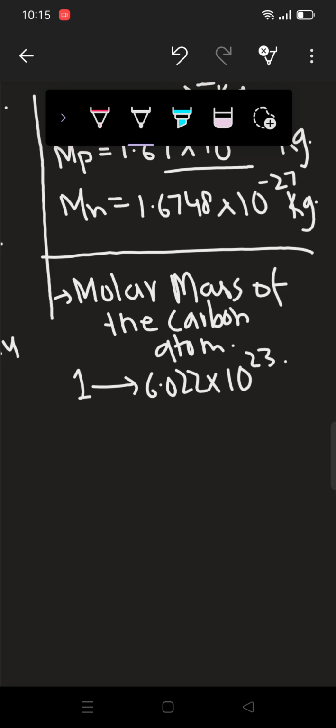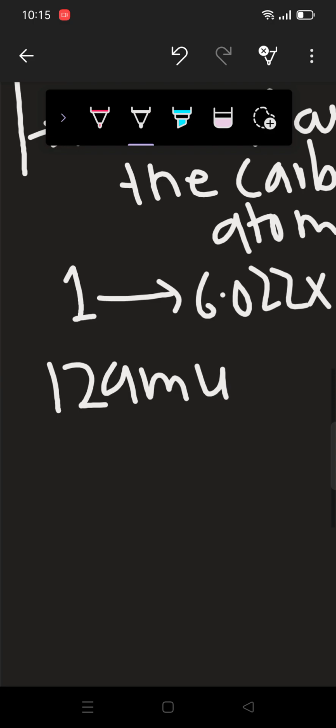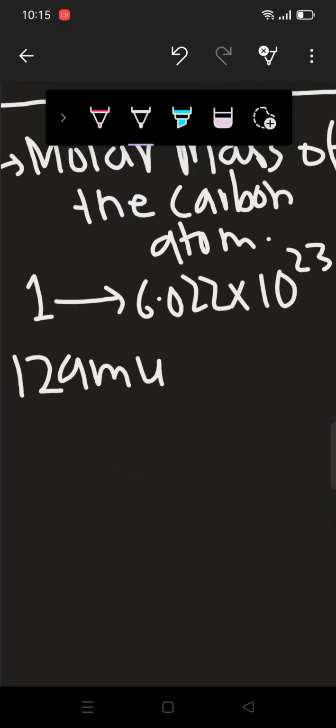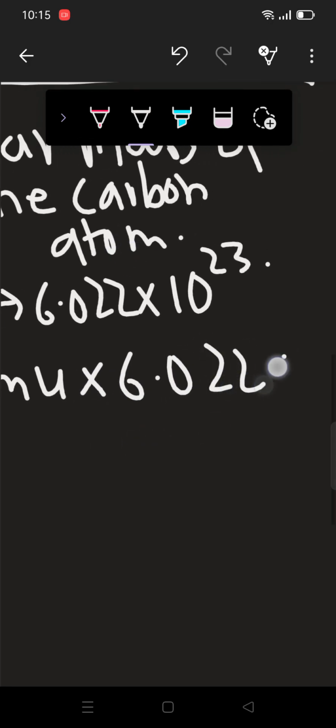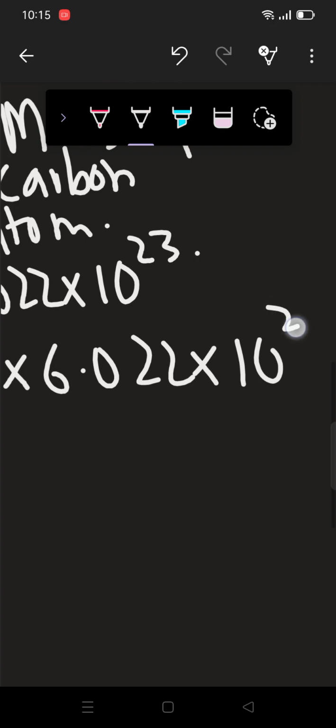It means the mass I am now going to calculate will not be of one atom of carbon, but of 6.022 into 10 to the power 23 atoms of carbon. We know that one carbon atom's mass is 12 AMU, and I need to calculate the mass of 6.022 into 10 to the power 23 particles, so I multiply by 6.022 into 10 to the power 23.